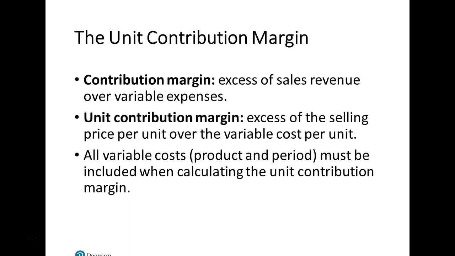We will talk about cost of goods sold and cost of goods manufactured later on. For right now, consider contribution margin to be the difference between our sales revenue at the gross level and our variable costs. Then for the unit, you just divide, getting your contribution margin per unit.